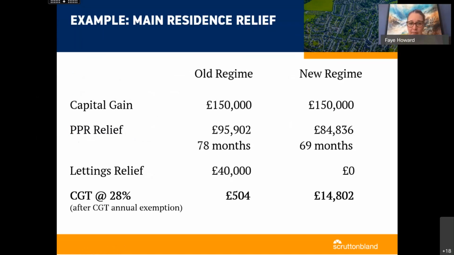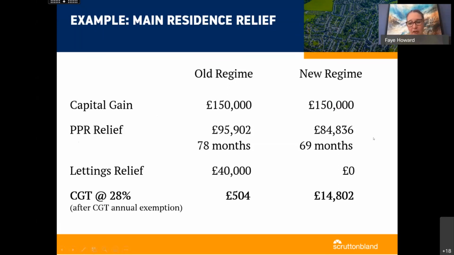Under the old regime, we would have claimed 78 months of principal private residence relief, which was worth just under £96,000 of that gain. Under the new regime, we've got 9 months less, so just under £85,000 of principal private residence relief. But the biggest change here, of course, is the removal of the lettings relief.